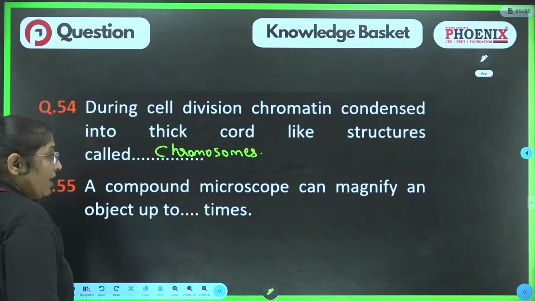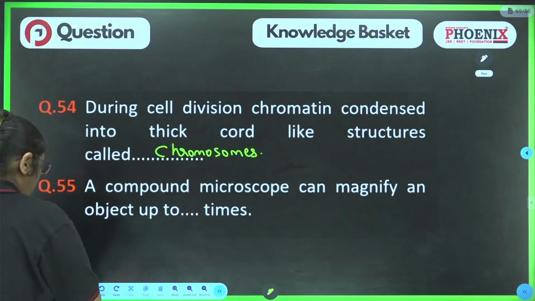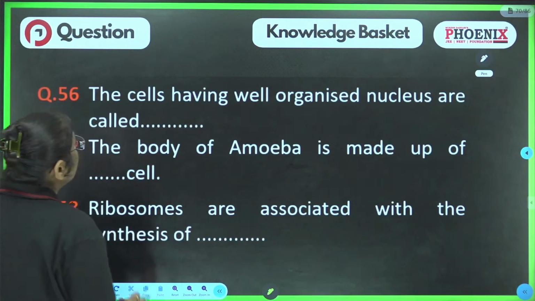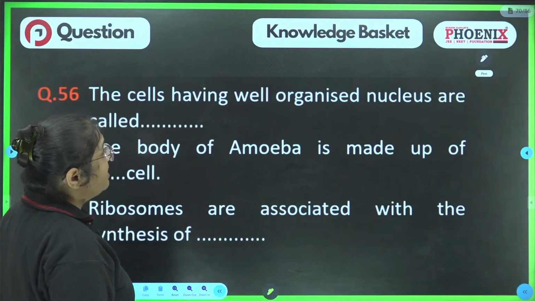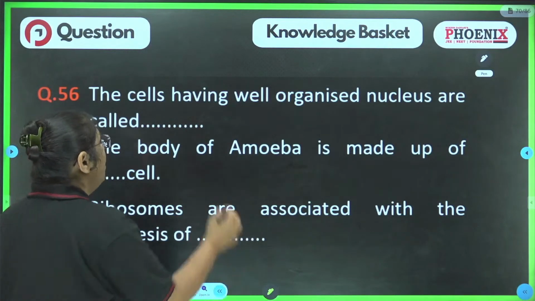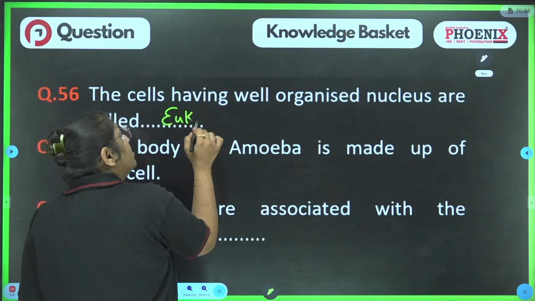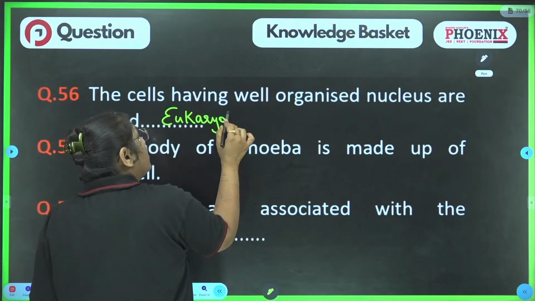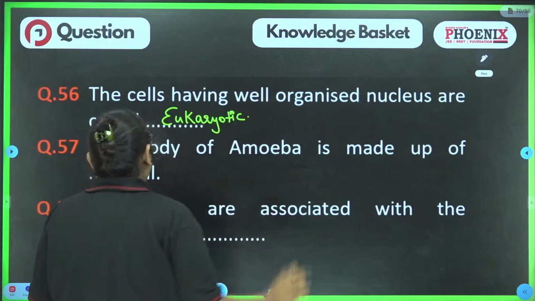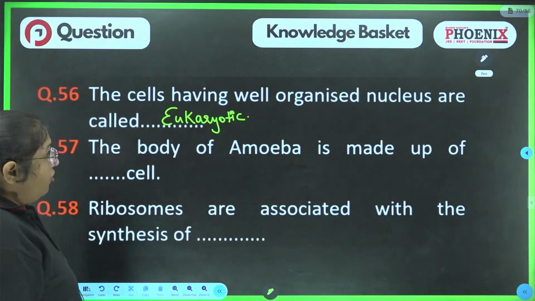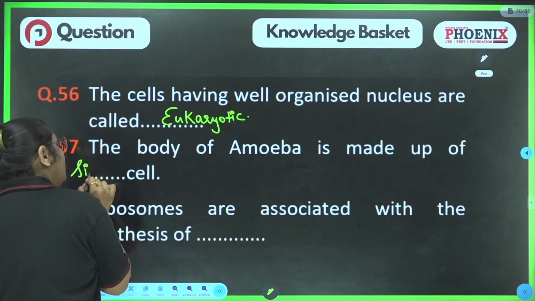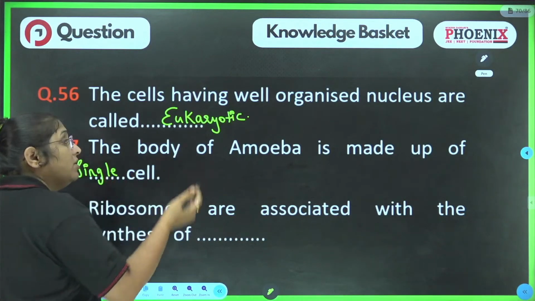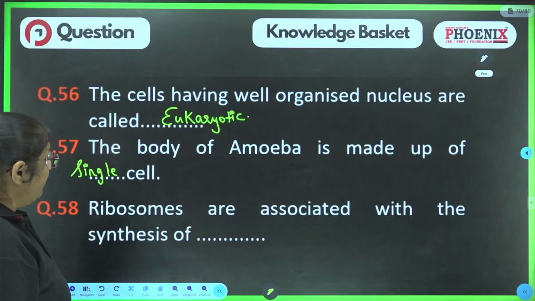A compound microscope can... The cells having a well organized nucleus are called eukaryotic cells. The body of amoeba is made up of a single cell. It is a unicellular organism.